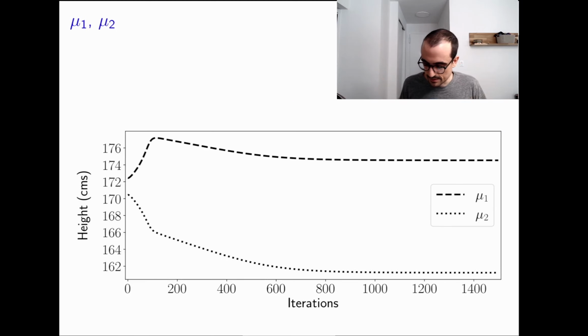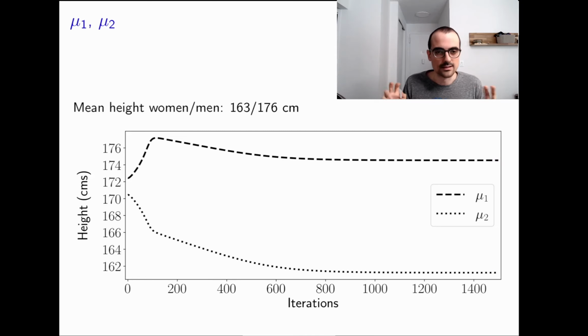We can look at the mean parameter. The mean of class 1 is around 174, I want to say, and this one is 161, more or less. And now we can see the mean of the men and the mean of the women, just as a sanity check. There's no reason why you would necessarily converge to exactly that, and there are also other factors that determine height beyond sex. So we shouldn't take the two Gaussian model as the ground truth, but it's pretty close.